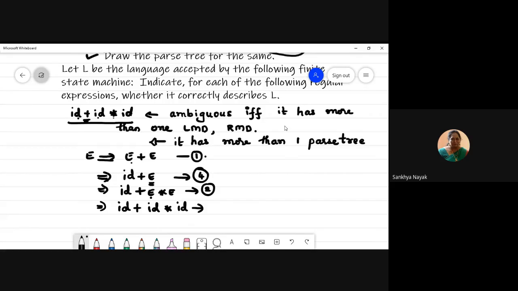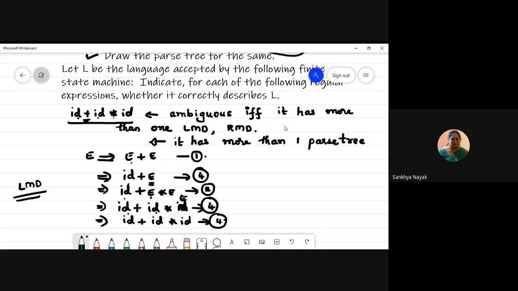This is using 4, and again ID plus ID star ID using 4. Okay. So this is one leftmost derivation. Why did I call it as leftmost derivation? Is because the expansion from non-terminal to terminal is happening from left to right, correct?